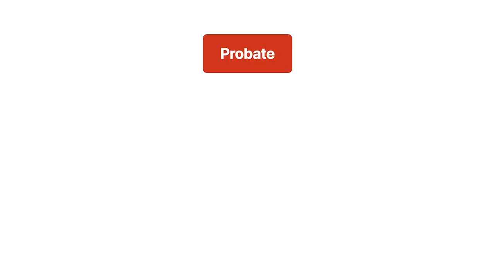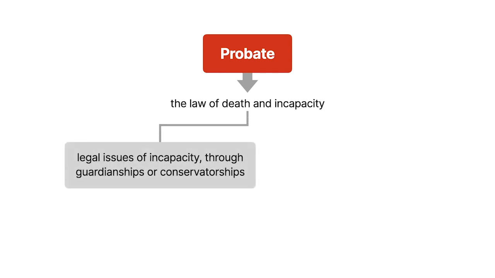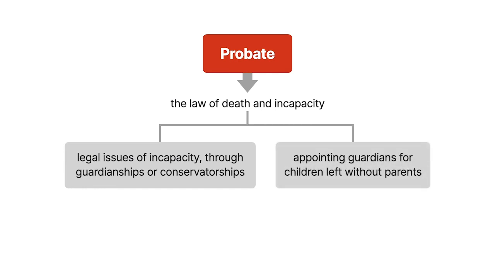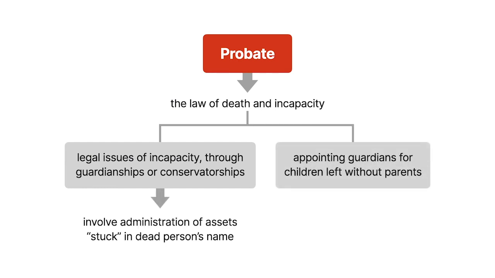First, let's discuss what probate court is. It's the court that deals with the law and the issues that come up at death and incapacity. This includes legal issues through guardianships or conservatorships, when individuals are unable to make decisions for themselves or pose a danger to themselves through their decision-making power, and the court determines whether or not their own autonomy should be taken away.